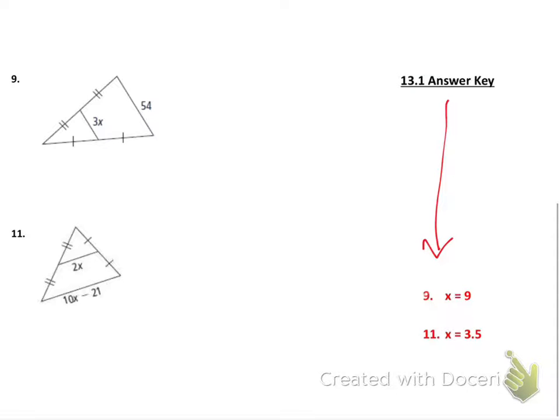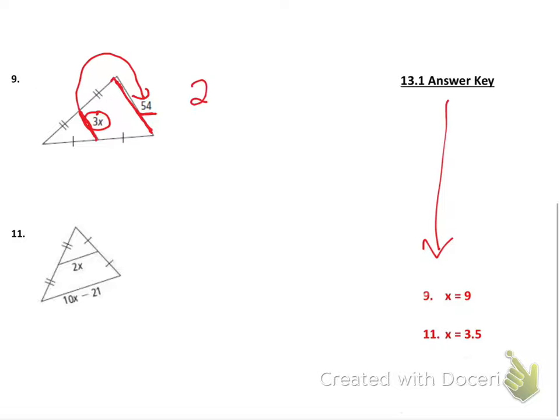Trying another one, we have this line right here, right? So in order to set up our equation, this line needs to be multiplied by 2 to equal this base. So another way of saying it is that this base right here is twice as big, or this mid-segment is half as big.